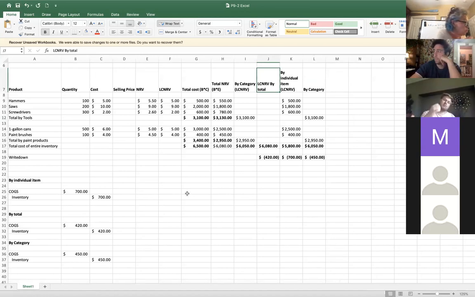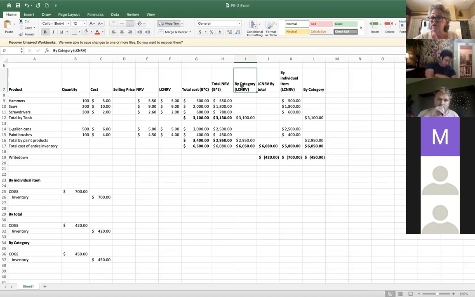All right, now let's work so that we can get practice at learning how to calculate NRV, because we use NRV in the LCM calculations also. So remember, this is LCNRV, which is used for FIFO and average cost. So let's make sure that we know how to calculate NRV.